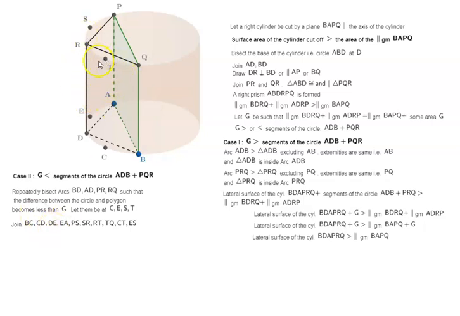If it is not, then we again have to bisect them and the diagram becomes messy. So now let's join these points. Okay. Now, segments of the circle BC, this small area, plus CD, plus DE, plus EA, plus PS, plus RS, plus RT, plus TQ.